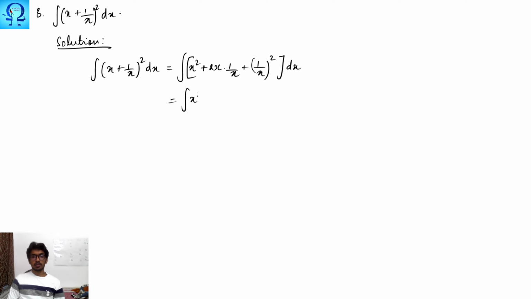So it shall be written as integral x^2 dx plus integral 2 dx, since x and x get cancelled, plus integral 1 upon x^2 dx.